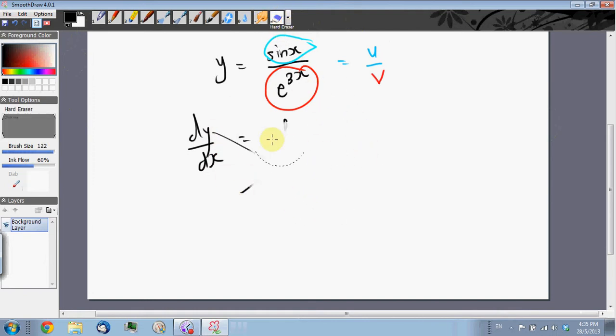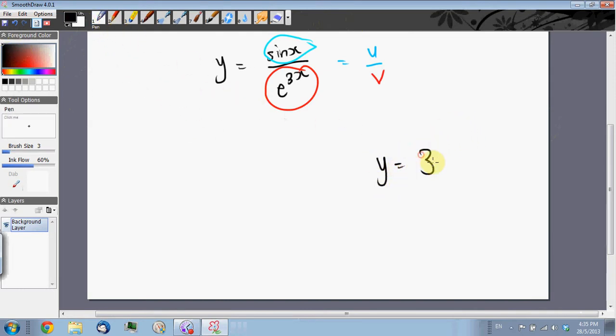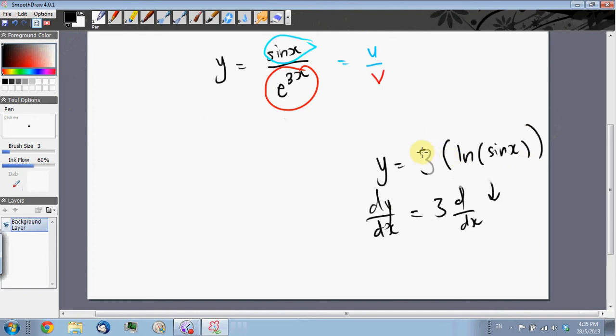Now remember that before this we saw y equals 3 times a function of x. Then dy/dx is just 3 times you differentiate the function. For example, 3 times ln sine x, which seems complicated.